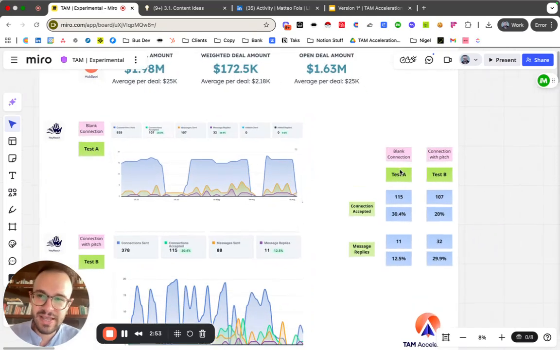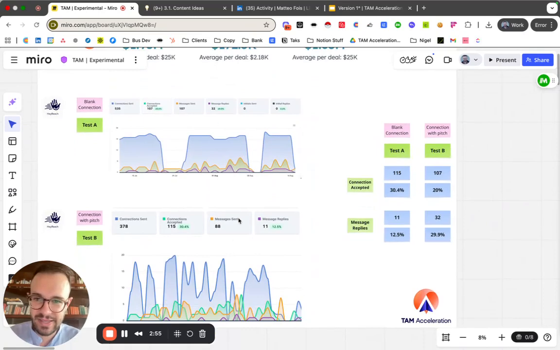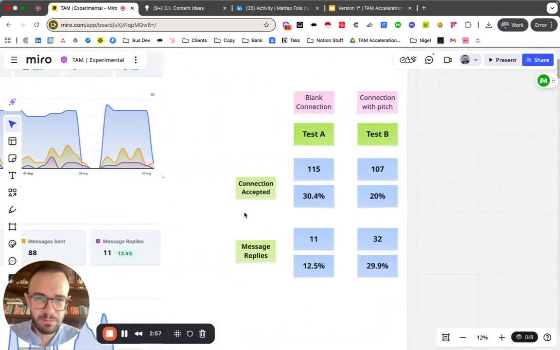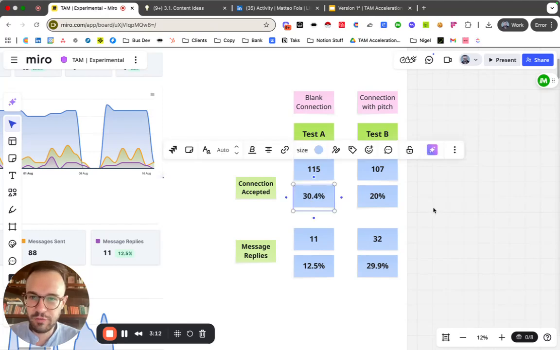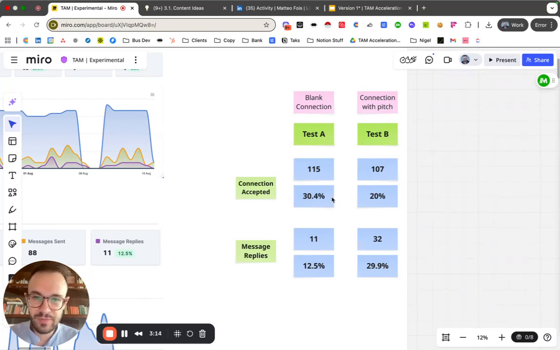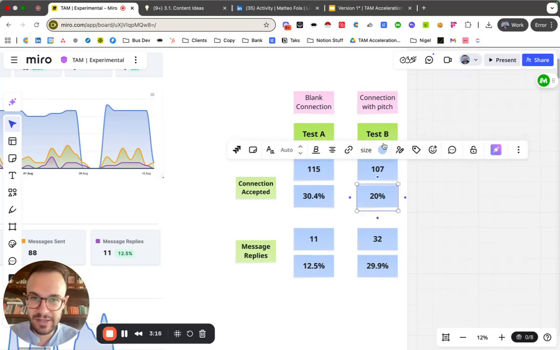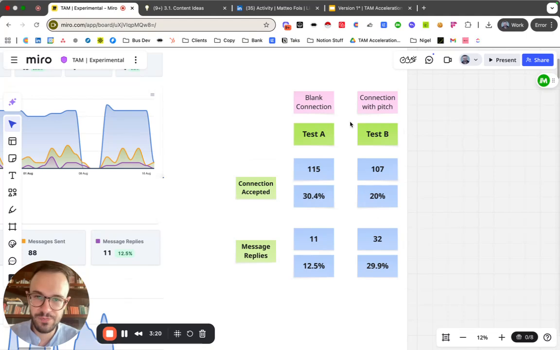For example, test A, I placed the graphics here, with the blank connection. So the offer proposition, the pitch, was in message one after they accepted the connection. We got 30.4% of connections accepted, higher than in test B, where we did a connection with a pitch.